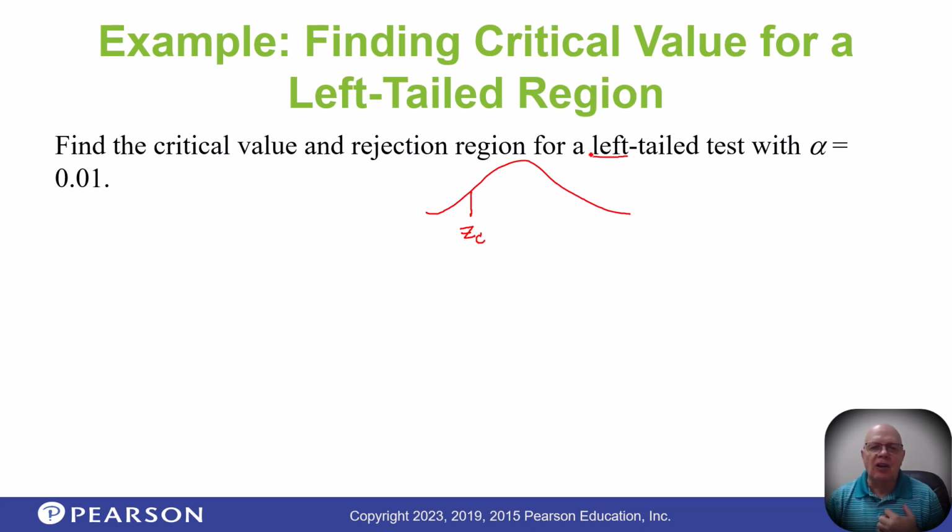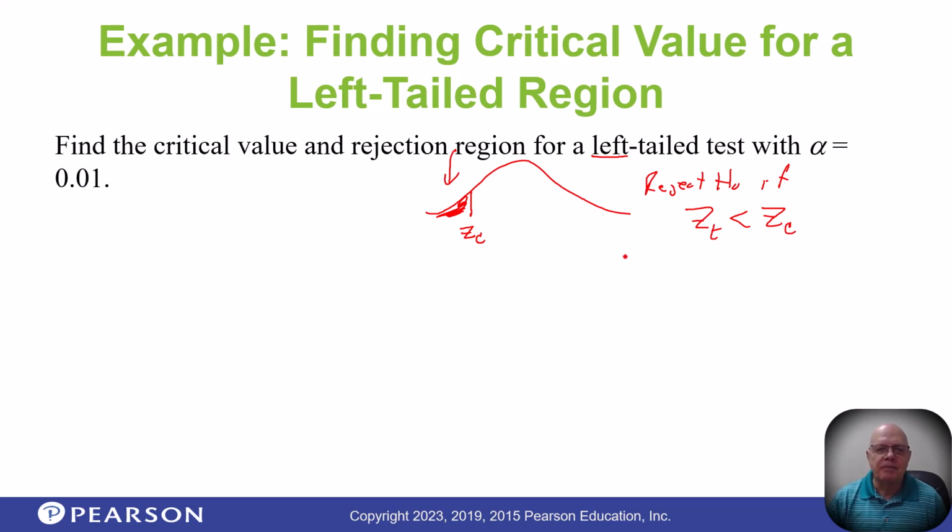Now, it's a left-tailed test, so we're going to reject the null hypothesis if the test statistic falls over here. In other words, for this left-tailed test, is it less than the critical value? Because this is our rejection region.